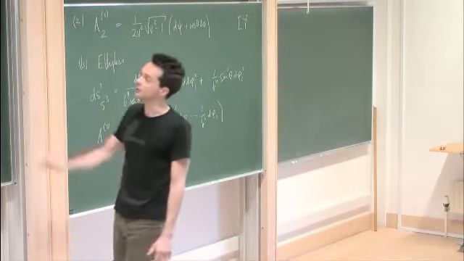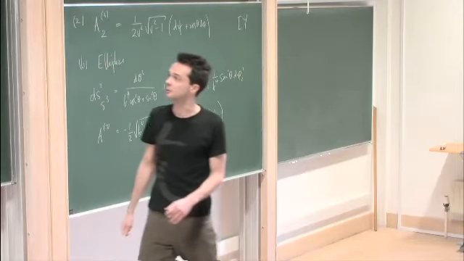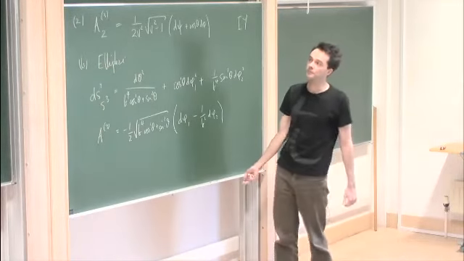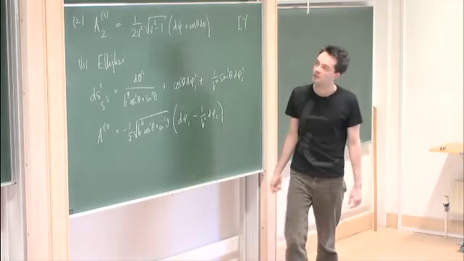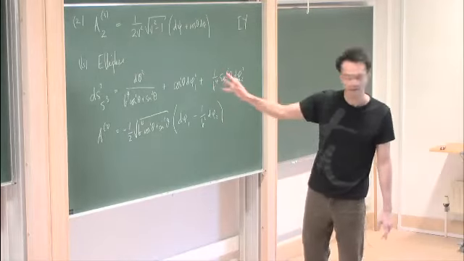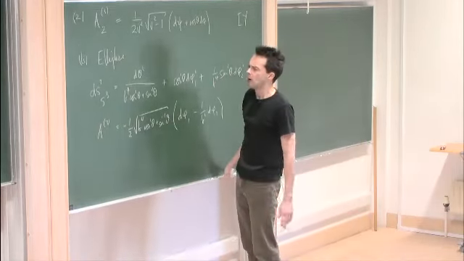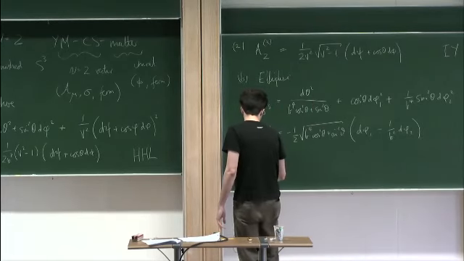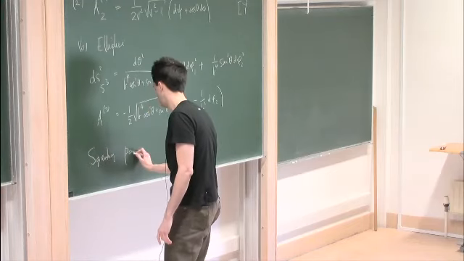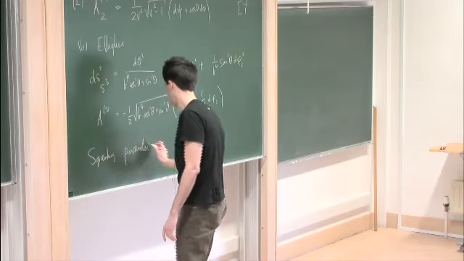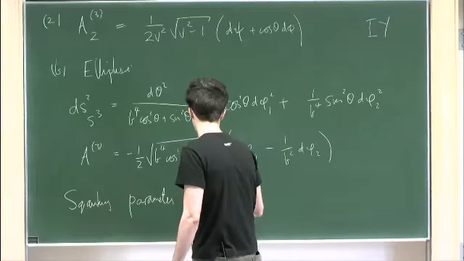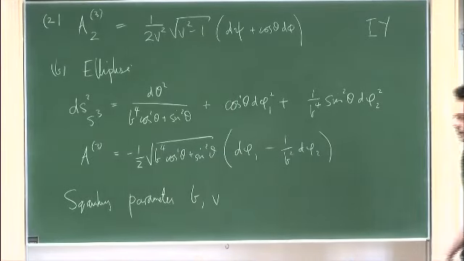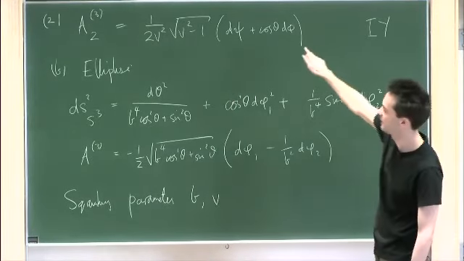And so the statement is you can define a generic N equals 2 supersymmetric Yang-Mills-Chern-Simons matter theory on these spaces. I should perhaps say you recover the round sphere by taking the squashing parameters to 1. The squashing parameters are b and v. There's a b here, and there's a v in the other example.